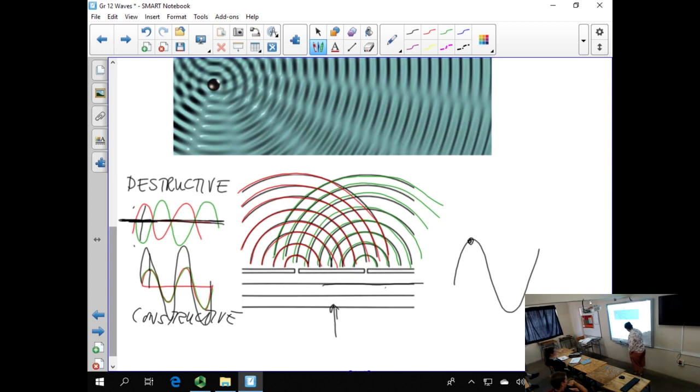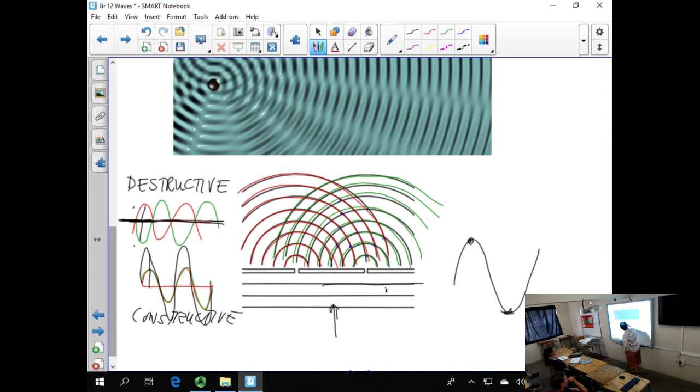The center of this hollow is going to represent the trough of the wave. All right? So, where my green line and my red line cross, let's do it in blue, that point, that point, that point, there, there.